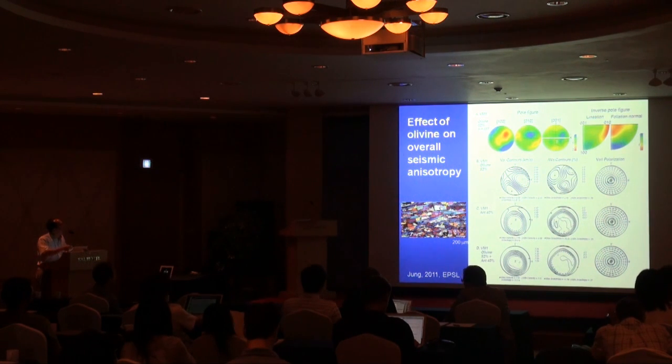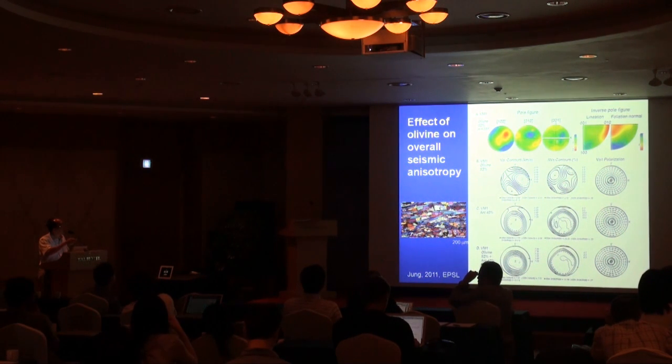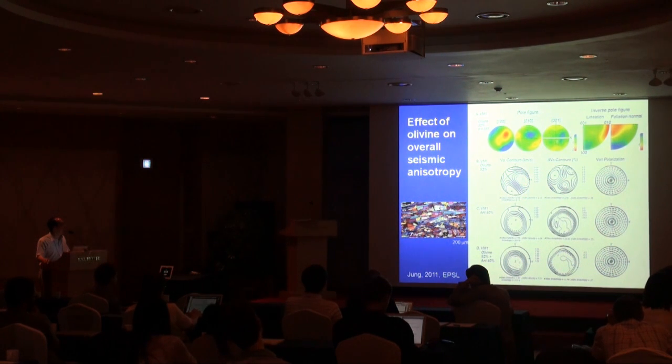Olivine fabrics are shown here. The reference frame is the same as before. The 001 axis was aligning subnormal to foliation, and the 010 axis was aligned subparallel to lineation, which is a new fabric. I don't know yet. We need more investigation on it by experimental study.